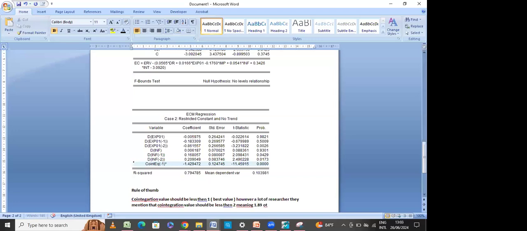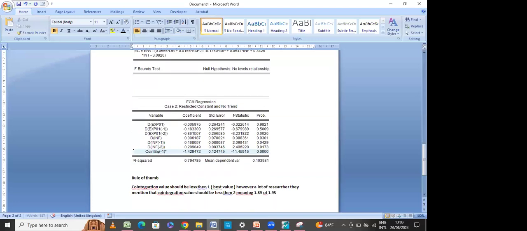Less than 2 meaning 1.89 or 1.95. Okay, what is this value?